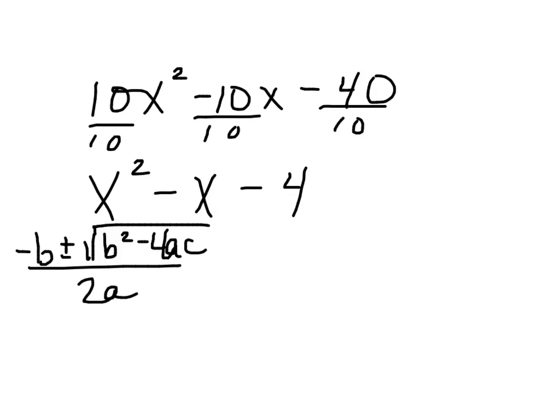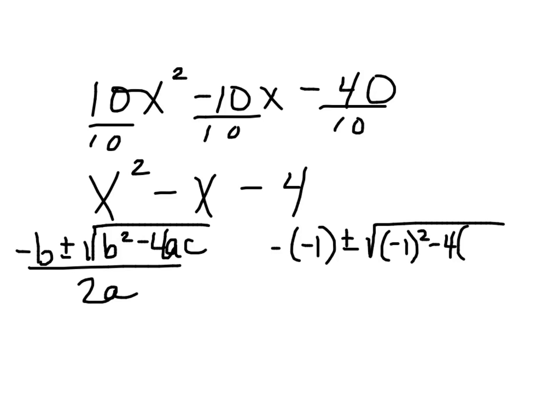What number is in your b position? Negative 1 plus or minus the square root of negative 1 squared minus 4 times what's in the a position? 1. And what's in the c? Negative 4.